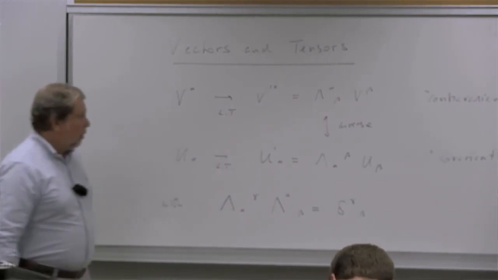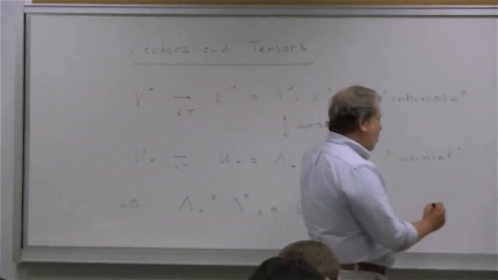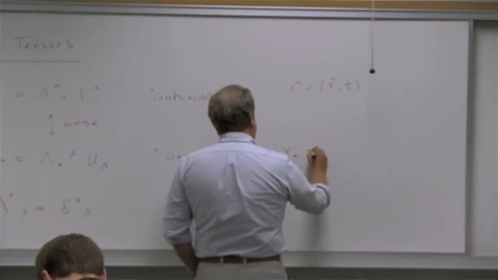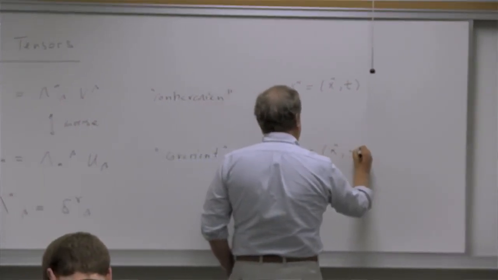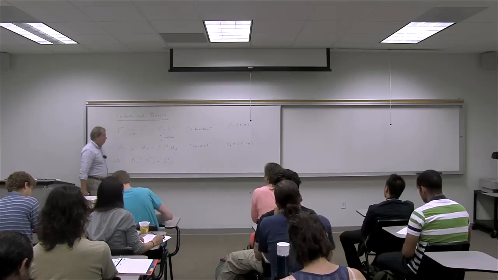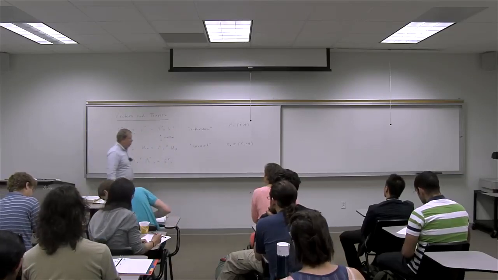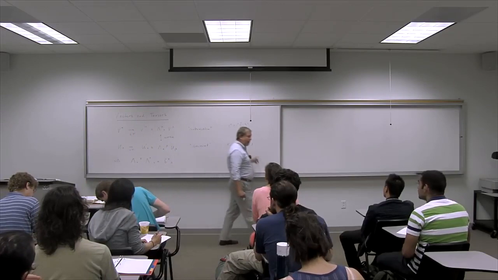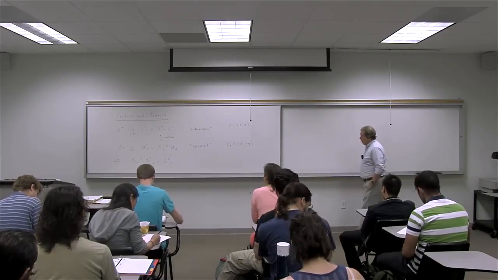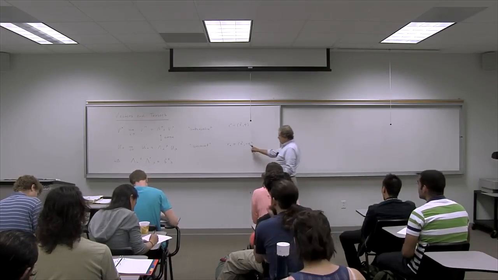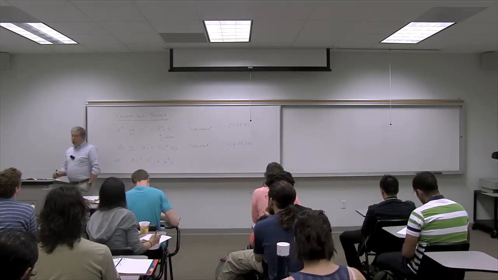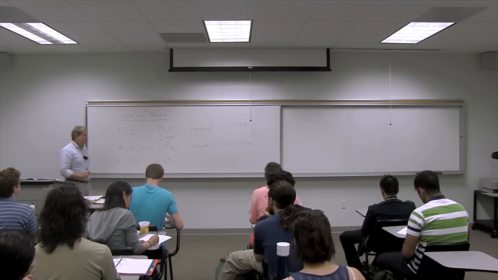So the correspondence is that now you have x alpha, and that would be x and minus t, because when you do this inversion in special relativity, you don't do a whole lot, you just reverse the sign of the time component. That's no longer true in general relativity later on, but here the difference between a covariant and a contravariant is not a whole lot, it's basically just the sign of the time.